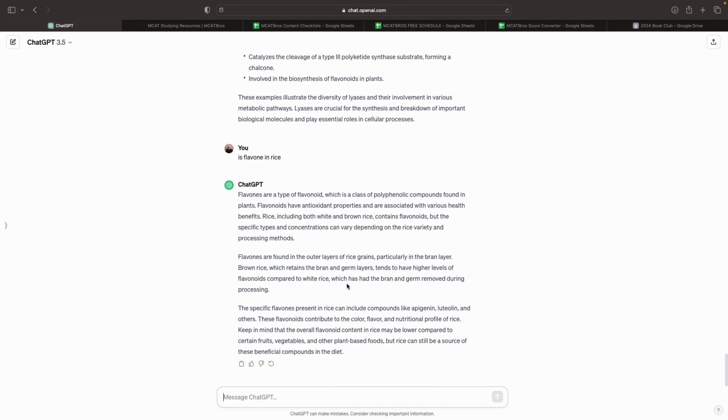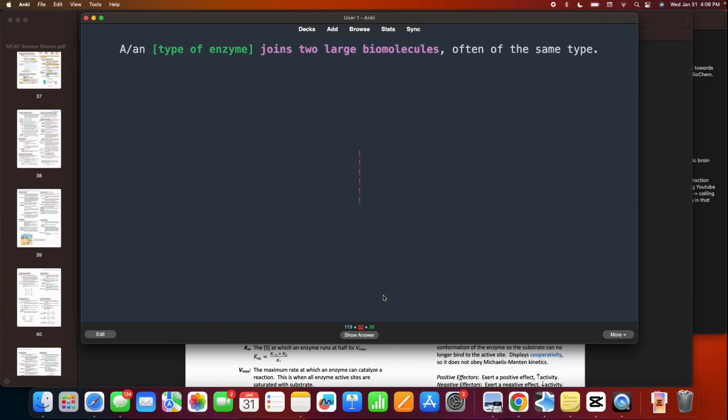The specific flavones present in rice can include compounds like apigenin, lutein, and others. These flavonoids contribute to the color, flavor, and nutritional profile of rice. Keep in mind that the overall flavonoid content in rice may be lower compared to certain fruits, vegetables, and other plant-based foods, but rice can still be a source of these beneficial compounds in the diet.